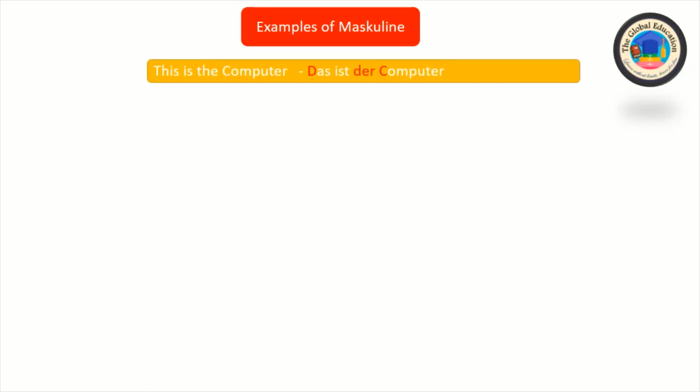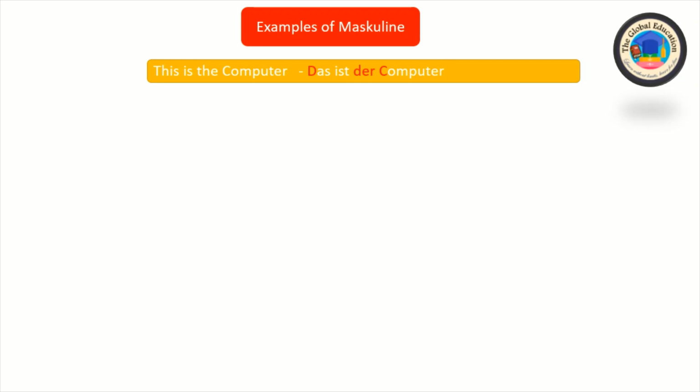First of all, we will discuss masculine examples. This is the computer. So das ist der Computer. Das means this, ist means is, the computer. The computer is masculine, so der Computer. Computer has the article der, and here the object is computer, so C is capital.